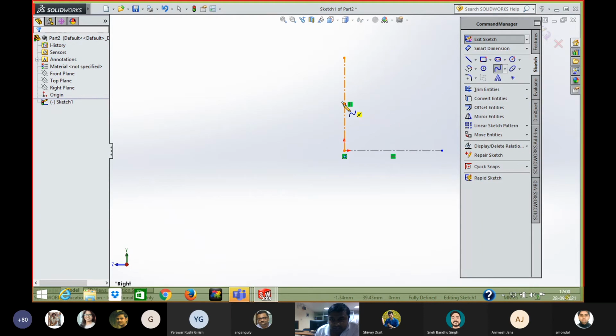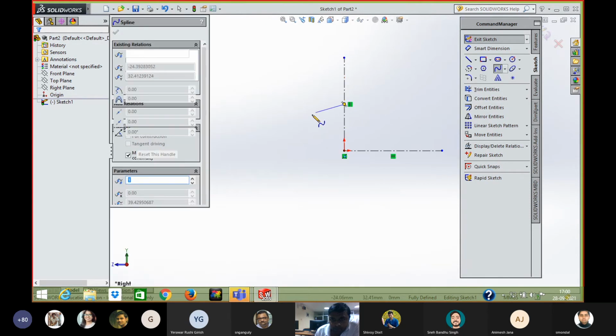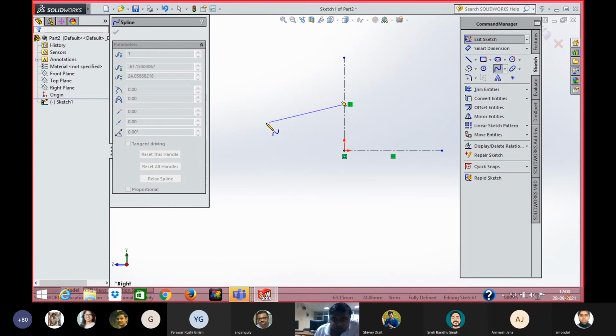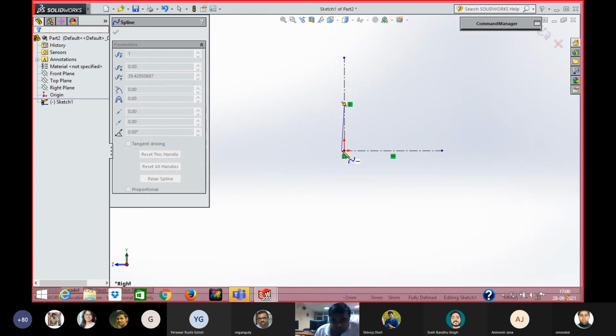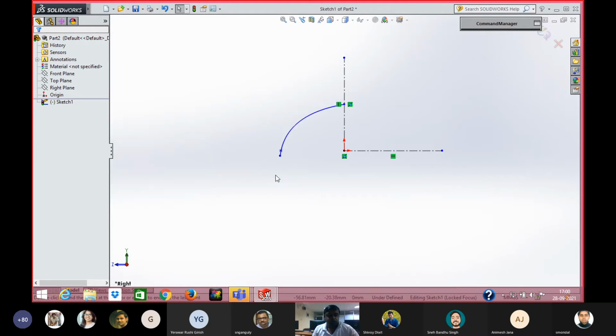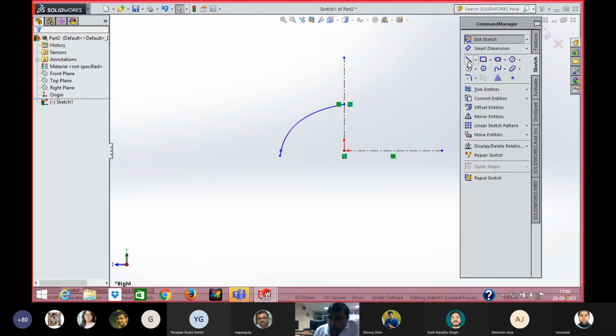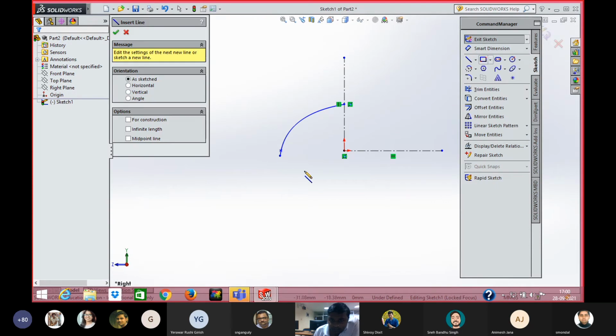Suppose here I am taking a spline. Then take a general line.